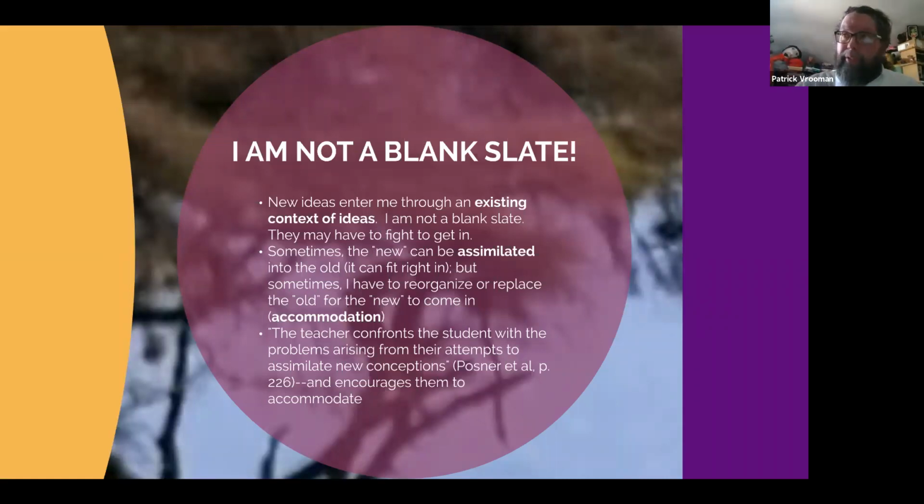And so they came up with these ideas that are on the screen here. They said, okay, the new ideas that we're teaching aren't just coming onto a blank slate, aren't just being written on a blank mind. There's a mind there that has ideas already, that has concepts already. There's this context of ideas that students already have, and that context of ideas they call the conceptual ecology.